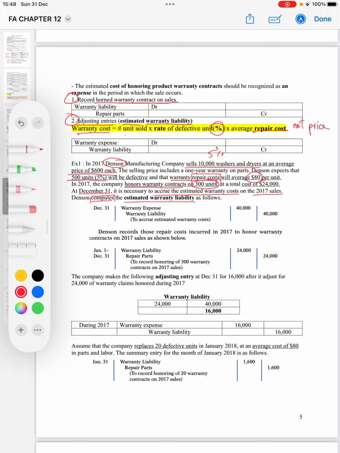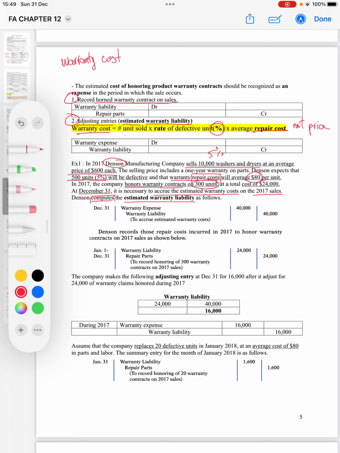So when they require you to estimate guarantee liability, we think of the adjusting entries. Here, estimated guarantee liability. So you have to calculate the guarantee cost.